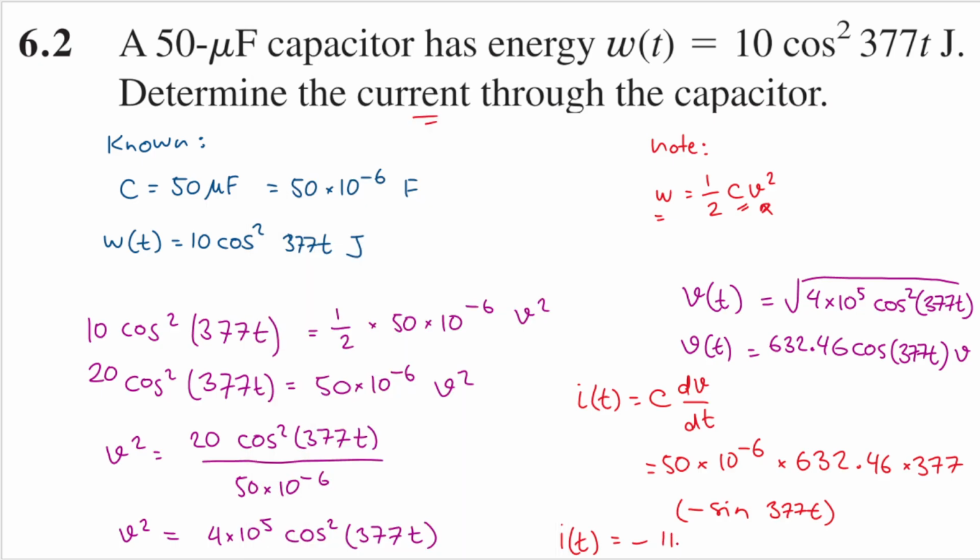So i(t) is minus 11.92 sine 377t, and the unit here is, of course, ampere. I think we have finally found the current that is asked by problem 6.2. Let's highlight our answer so that we can see it clearly.